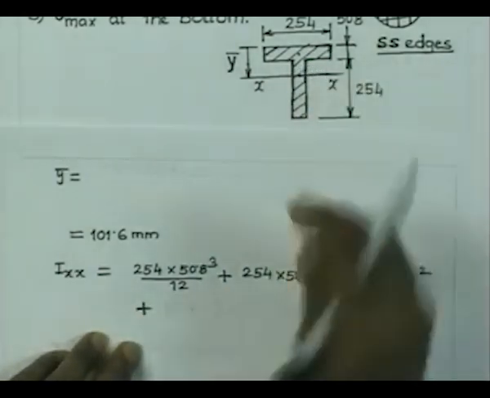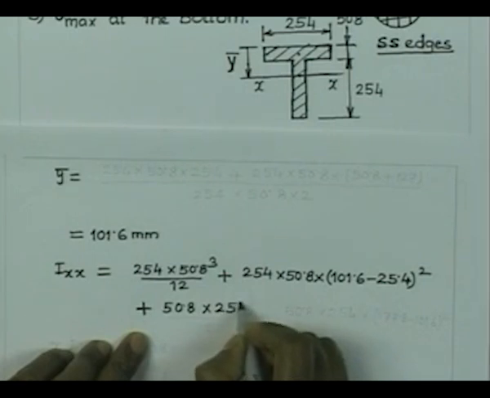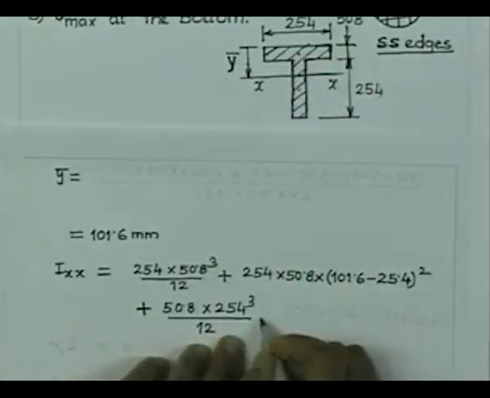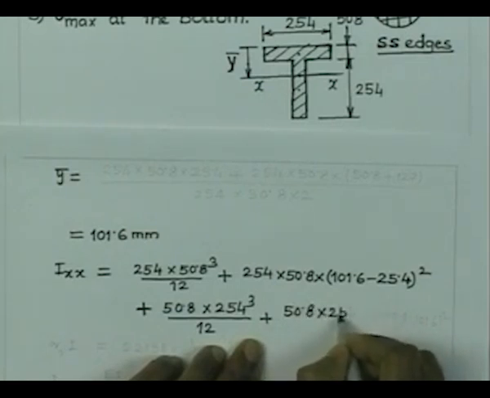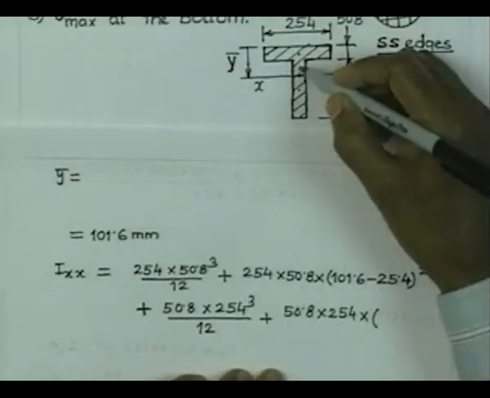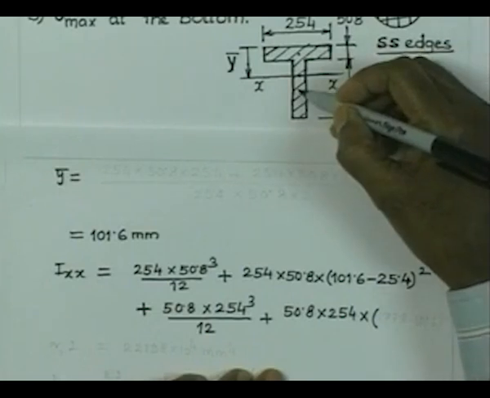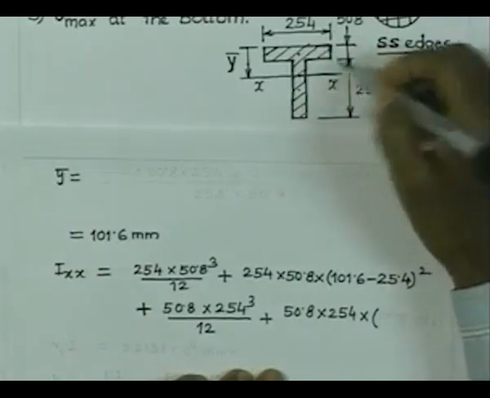Similarly, we can consider the web, which is of thickness 50.8 and height 254. So, BH cube by 12 gives us the moment of inertia about the CG of this web. And then we apply the parallel axis theorem: 50.8 times 254 is the area, and the distance is this total distance, which is 50.8 plus half of this height, 127.